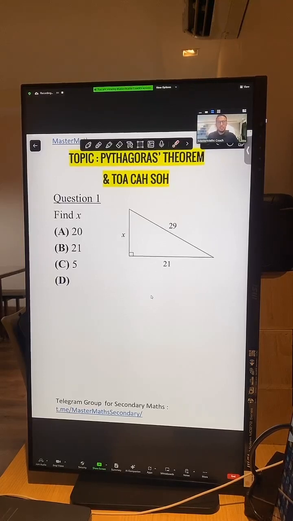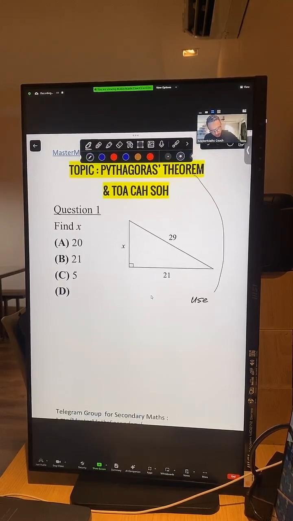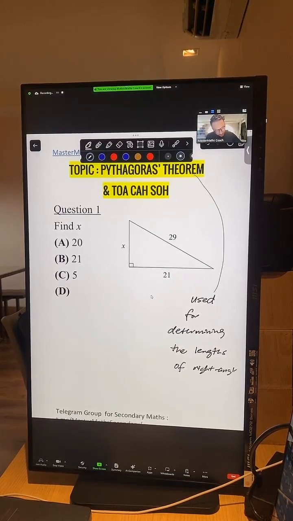Okay, let me give you a clue. This one you need to use Pythagoras theorem, because Pythagoras theorem is used for determining the lengths of right angled triangles.